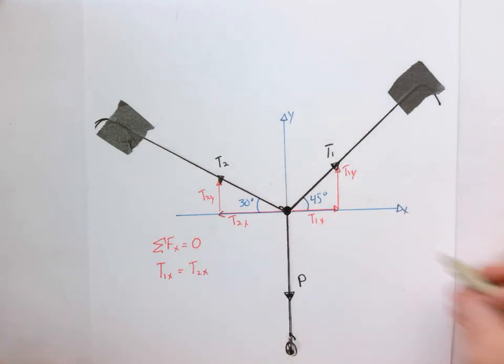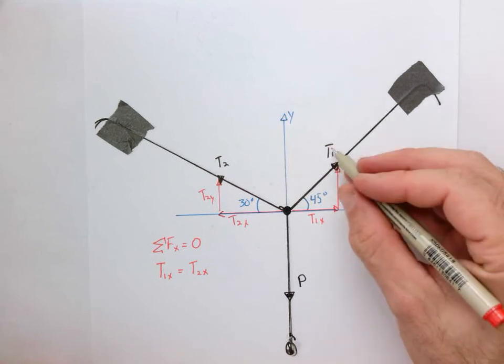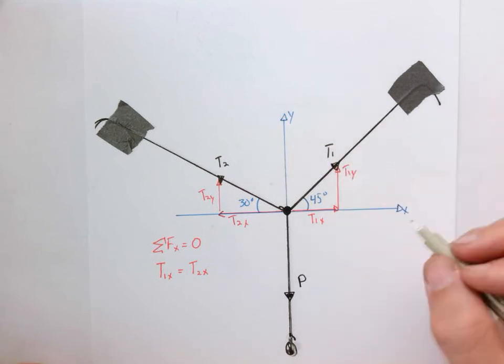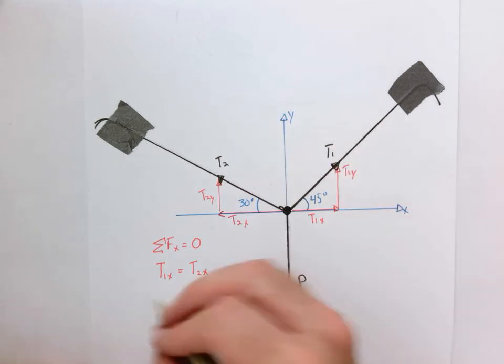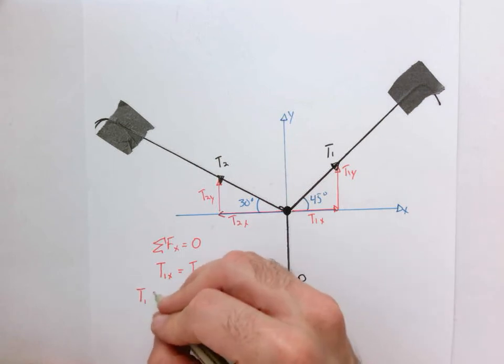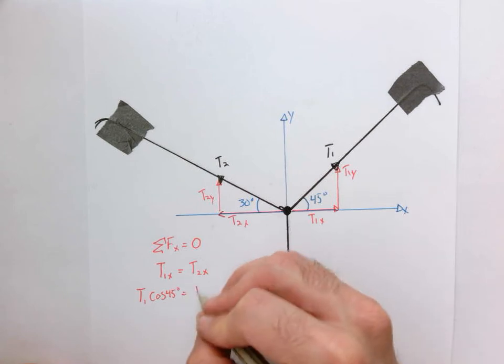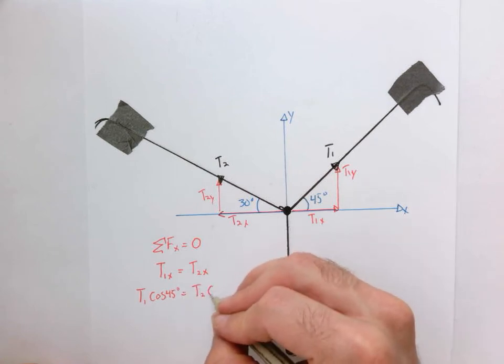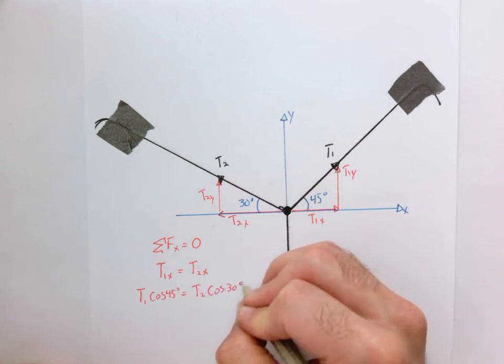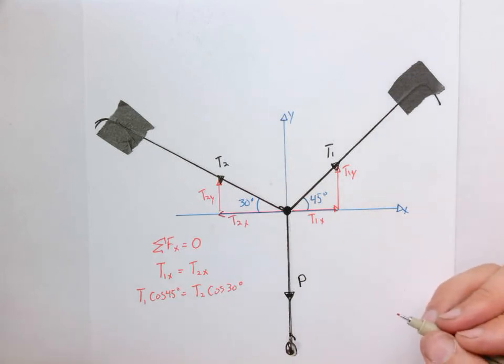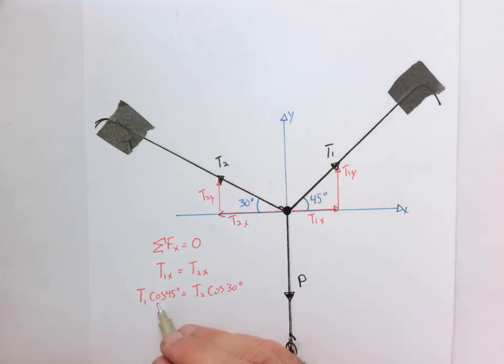And in this case, finding T1x in terms of the tension in the string is just given by geometry. So simply T1 times the cosine of 45 degrees equals T2 times the cosine of 30 degrees. Now you might remember your sines and cosines and that these numbers come out nice and evenly.